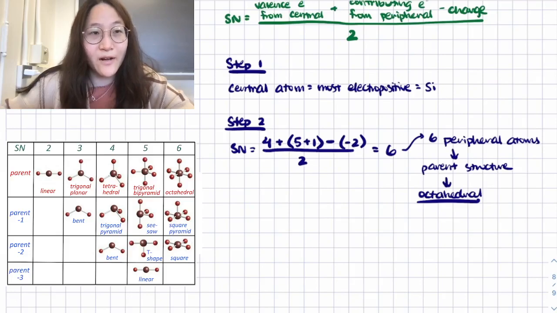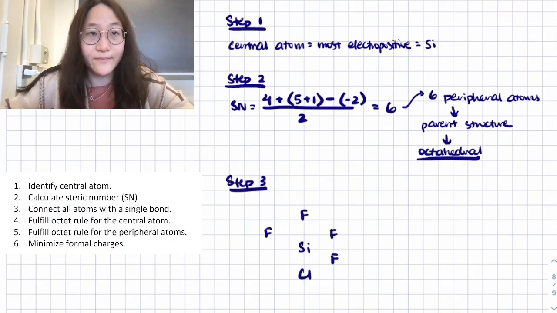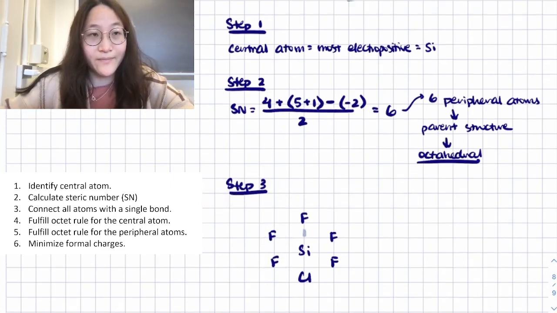So let's place our atoms around the octahedral framework, with silicon in the center and the fluorines and chlorine as peripheral atoms. We connect all of these with a single bond for now. Remember to use your wedges and dashes.